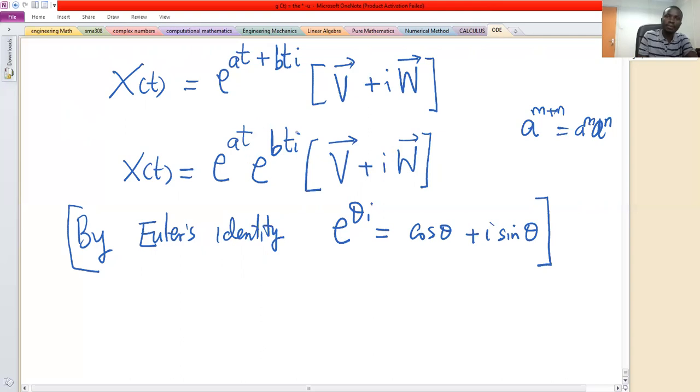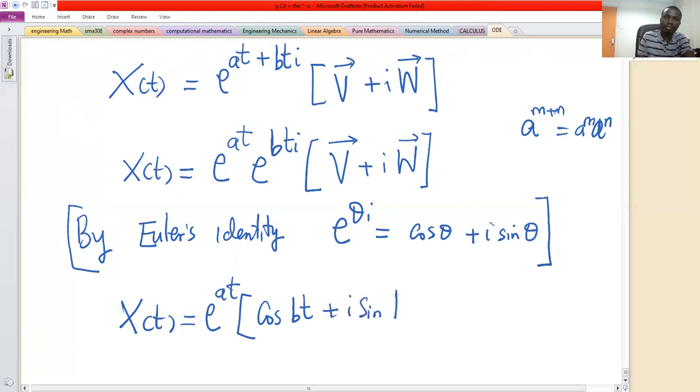Which means that x of t will be written as e raised to the power a t. Now instead of writing e raised to the power b t i, using Euler's identity we write it as cos of b t, because that's our theta, plus i sine of b t. And then we multiply by v plus i w. So that's what we have.